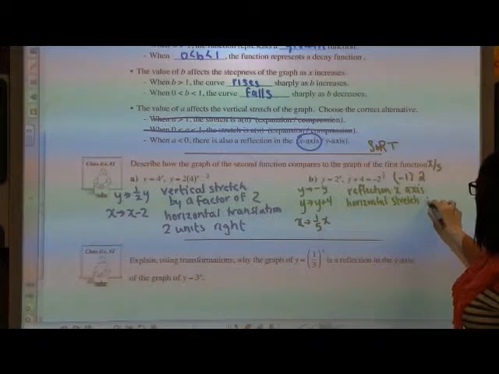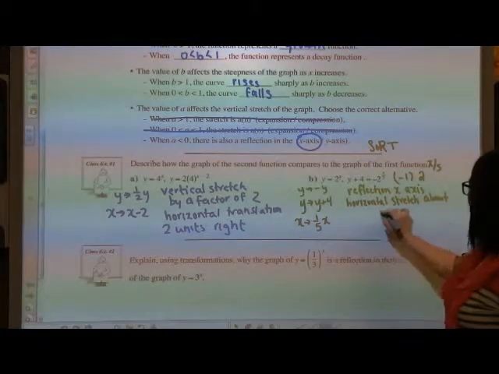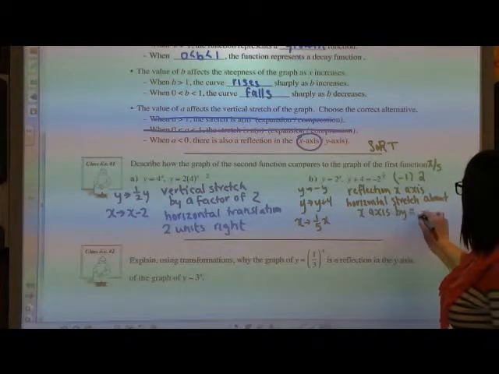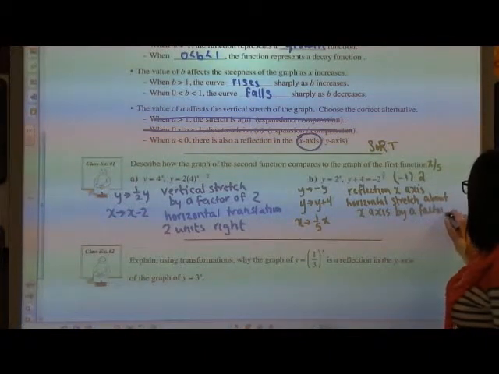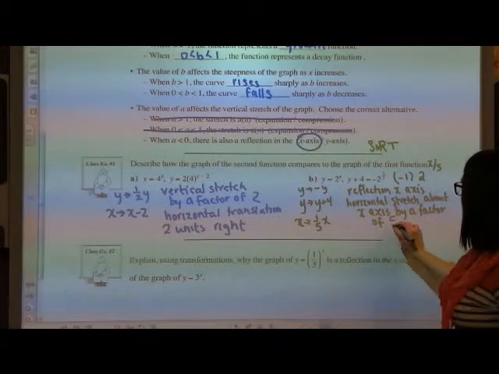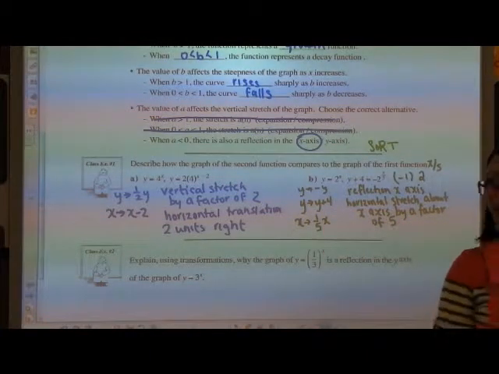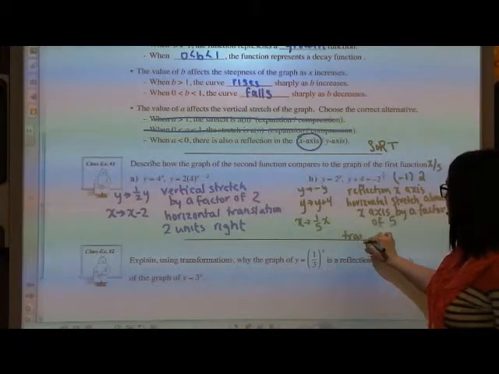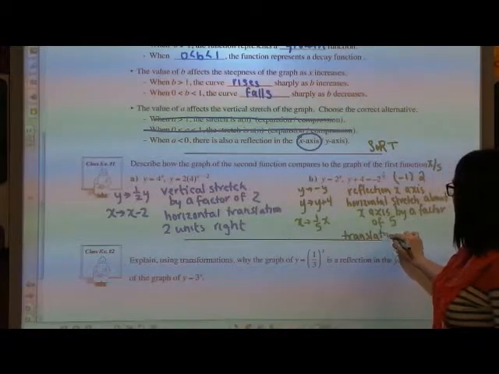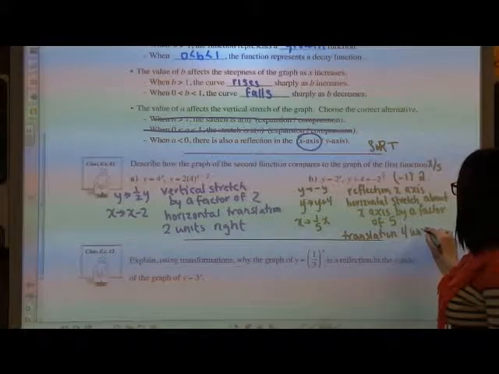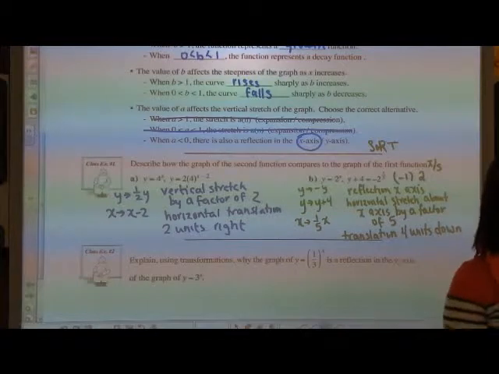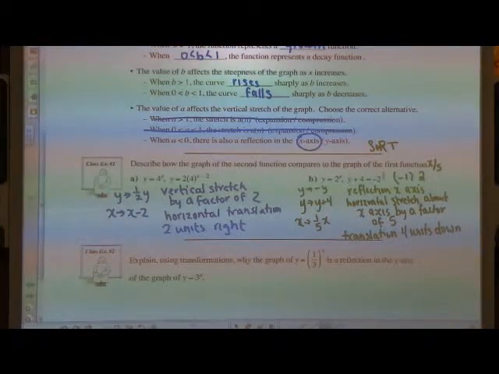And this is about the x-axis by a factor of 5 because it's a reciprocal. And then my y plus 4, that is a translation 4 units down. Because that y plus 4 would have been a y minus -4, and the -4 pushes it down.